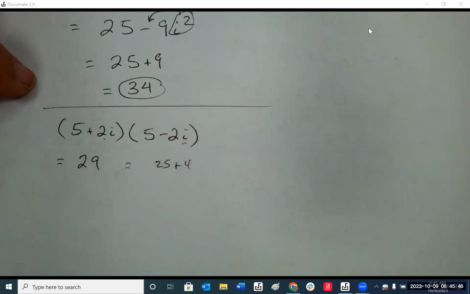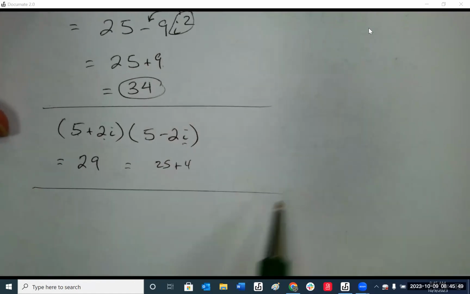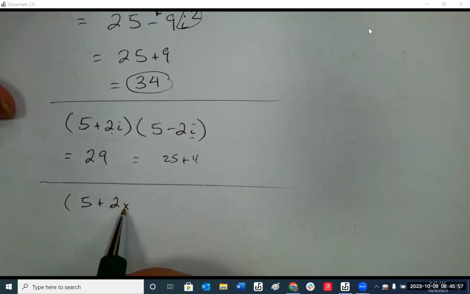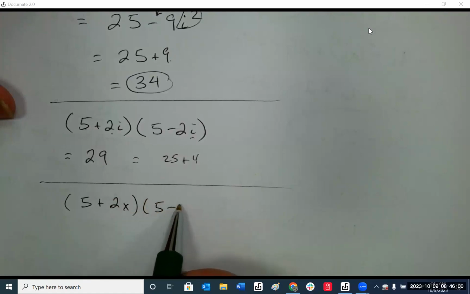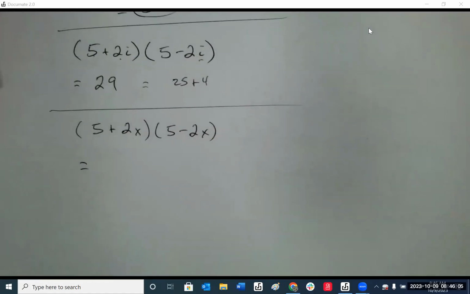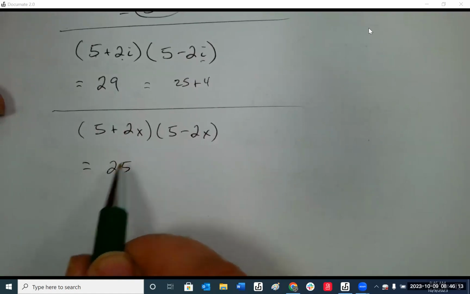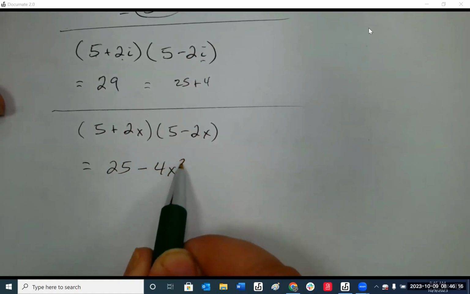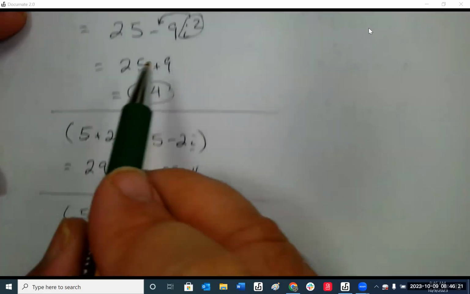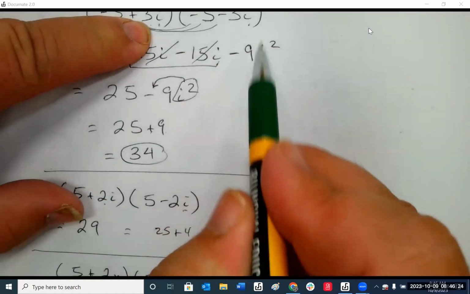That only works with imaginary numbers. If we didn't have imaginary numbers, if we had x's, what would it be? Yeah, because positive times negative is a negative. The only reason this turns out to be positive is because i times i is i squared.